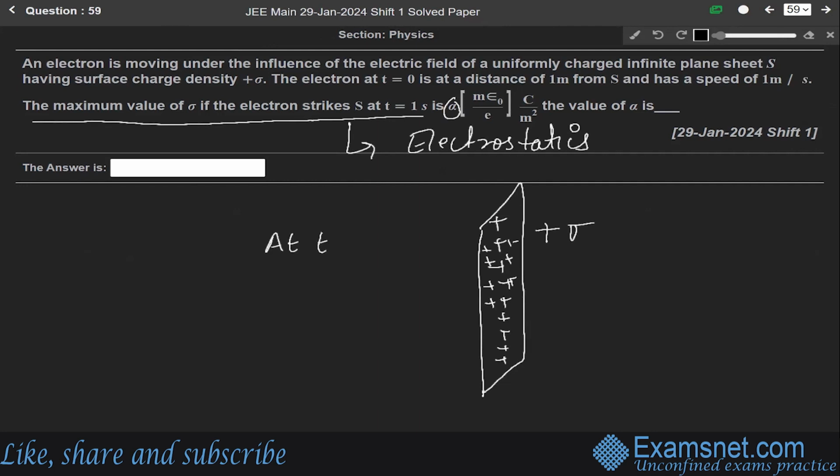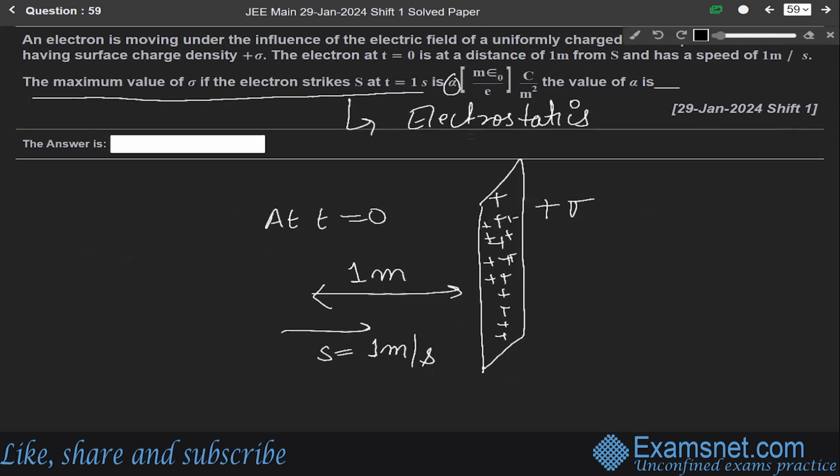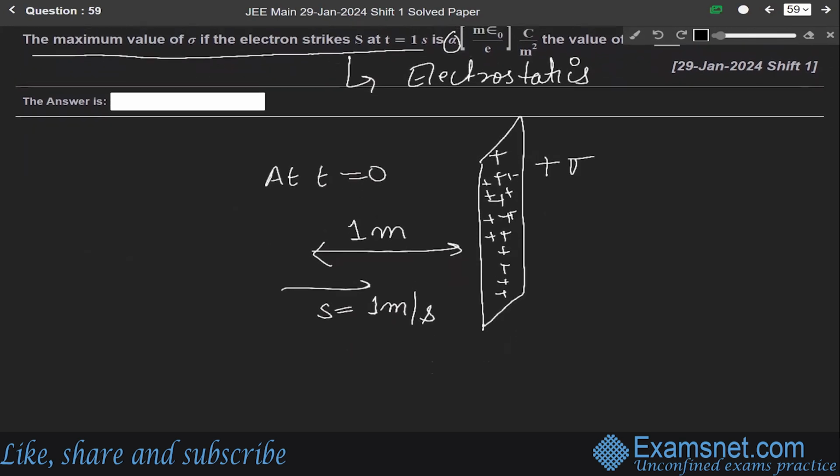At t equals to 0 second, the electron is at a distance of 1 meter from it and it is moving at the speed of 1 meter per second. Since the electron is striking this plane sheet, its distance, sorry, this is velocity, its distance will be taken as negative and acceleration will be also taken as negative.